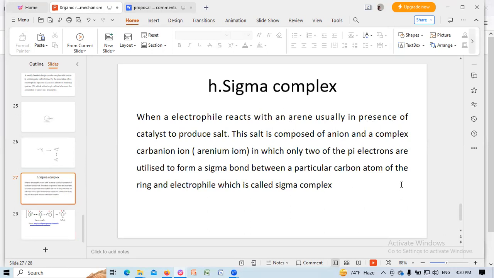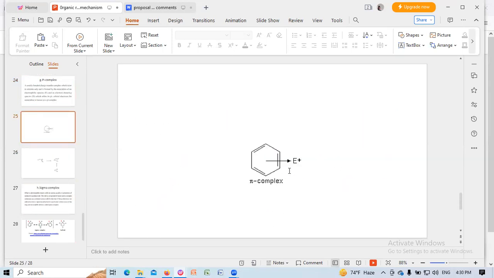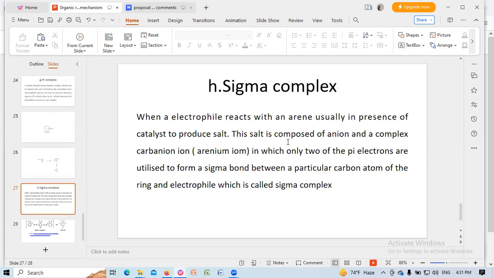In the above example, we have the pi complex, and the electrophile is not reacted, only sharing the pi electrons with the electrophile. But in the case of sigma complex, the electrophile reacts with the arene in the presence of a catalyst to produce a salt.